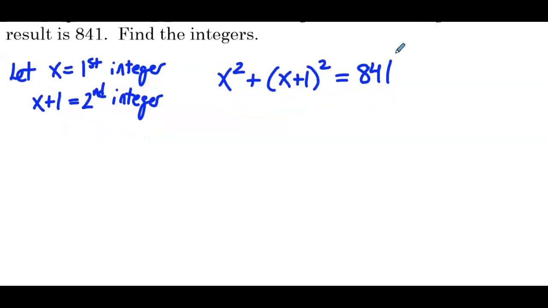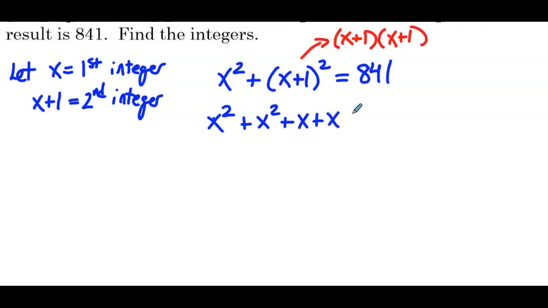Now as a reminder, x plus 1 squared, that's x plus 1 times x plus 1. So we have x squared plus x plus x plus 1 equals 841.